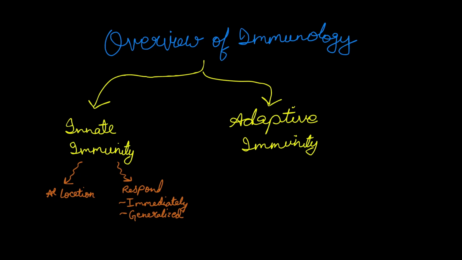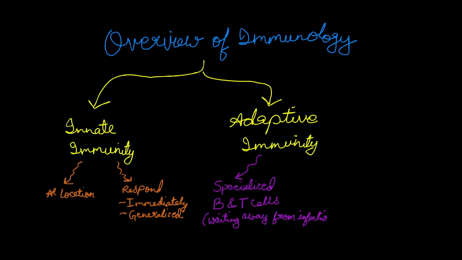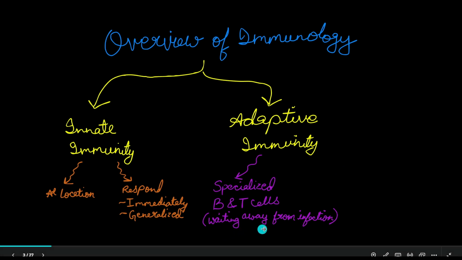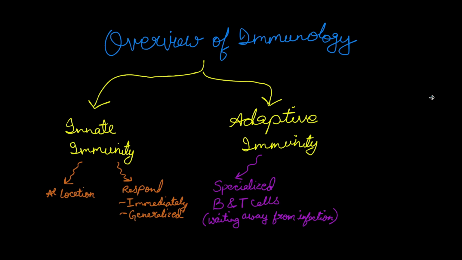On the other hand, the adaptive immune system involves specialized B and T lymphocytes. These cells reside primarily in lymphoid tissues away from the site of infection. Once activated, they mount a highly targeted response against a particular pathogen.